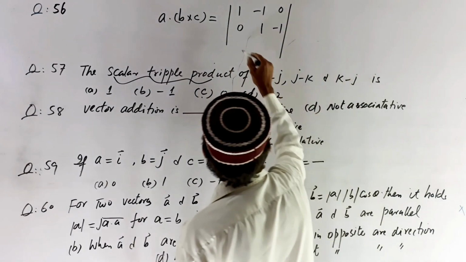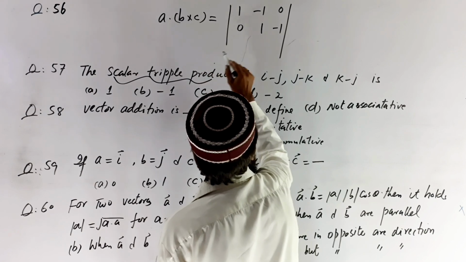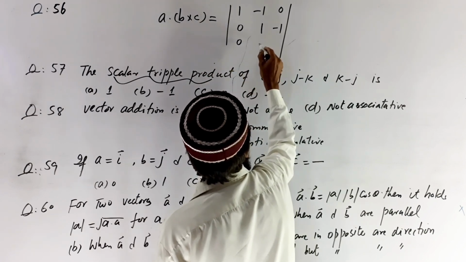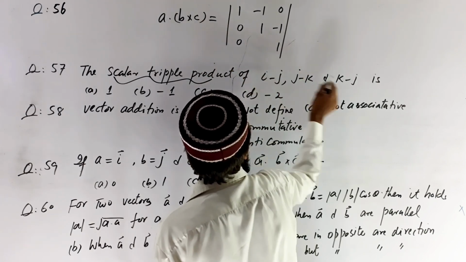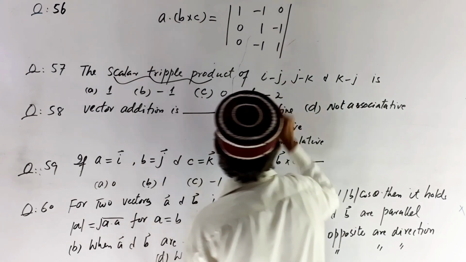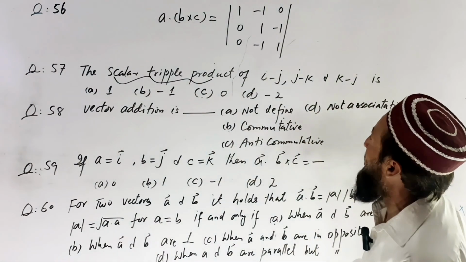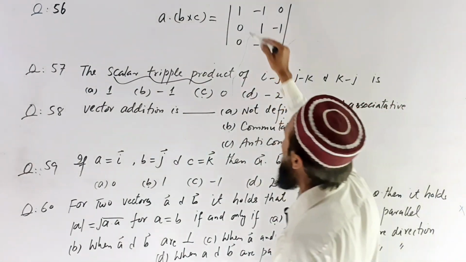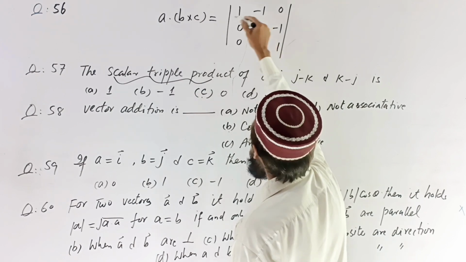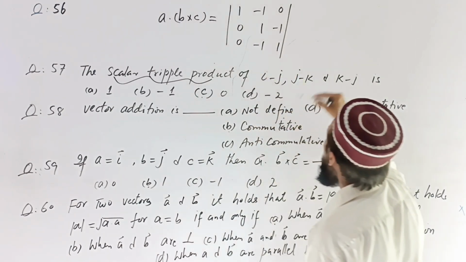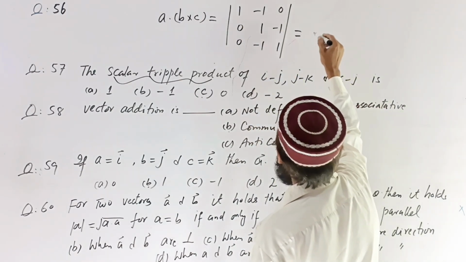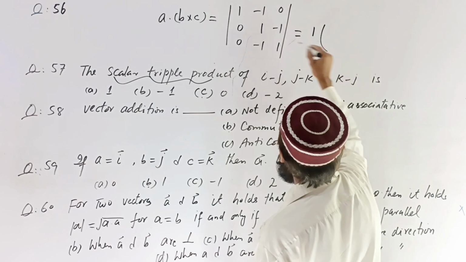Similarly, here i is absent and k is equal to 1 and j is equal to minus 1. So expanding by the first column, what is the result?